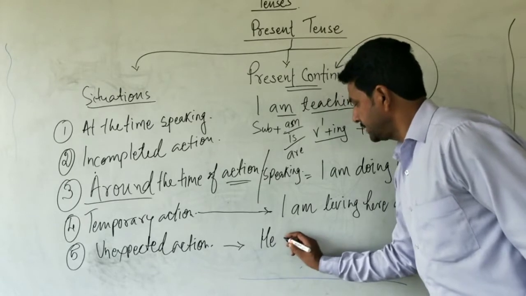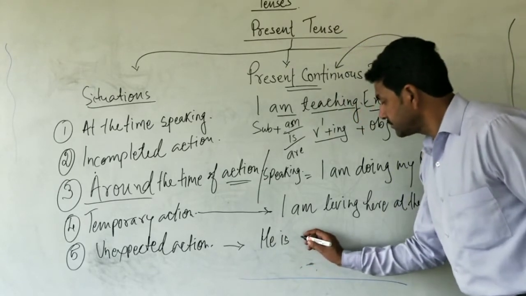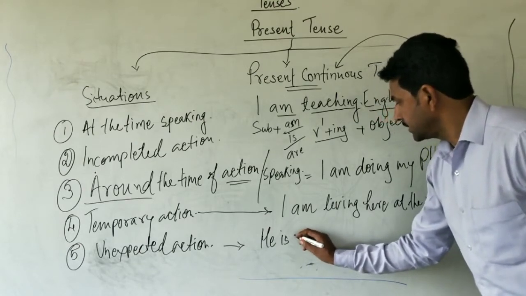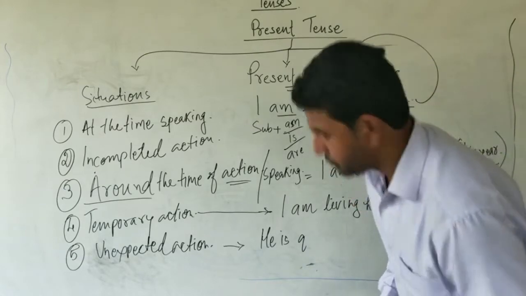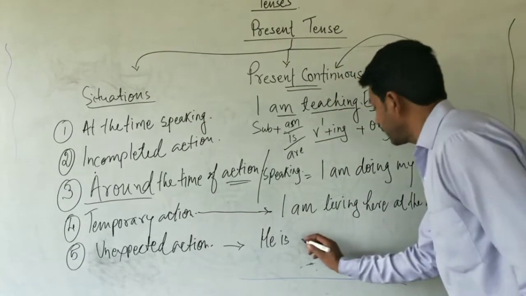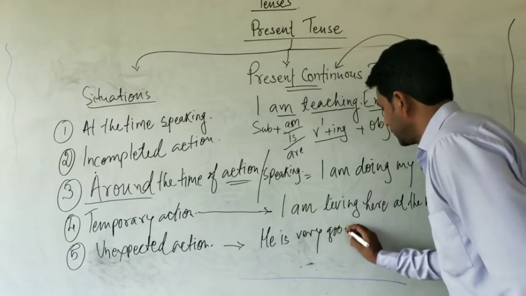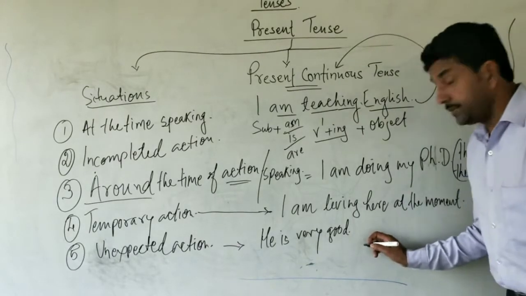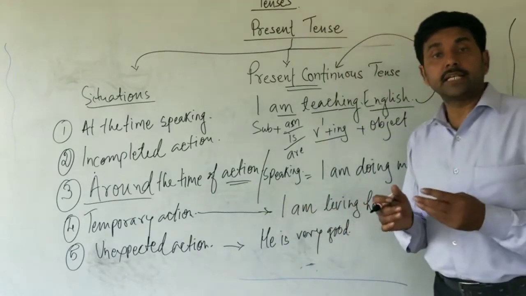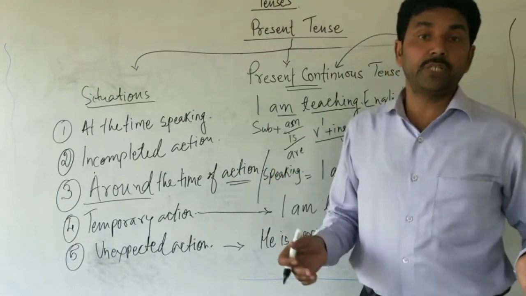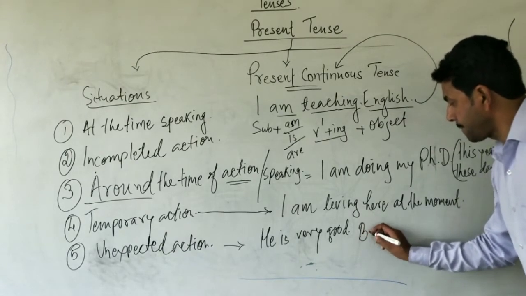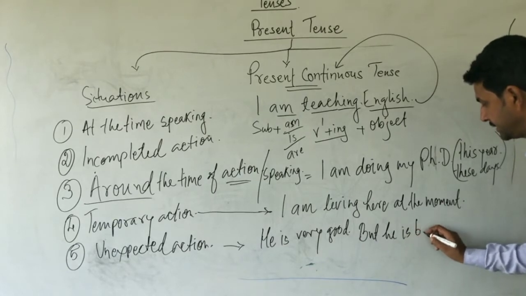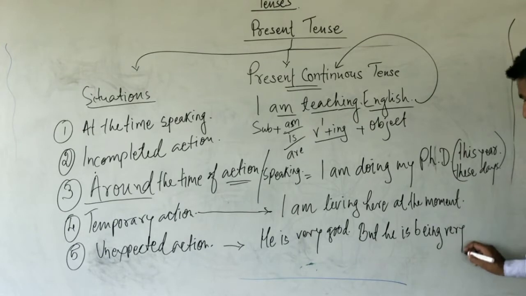He is quiet. He is very good. But if he reacts or does anything which is not expected according to his nature or behavior, we, for the time being, use present continuous structure like this: He is being very rude today.